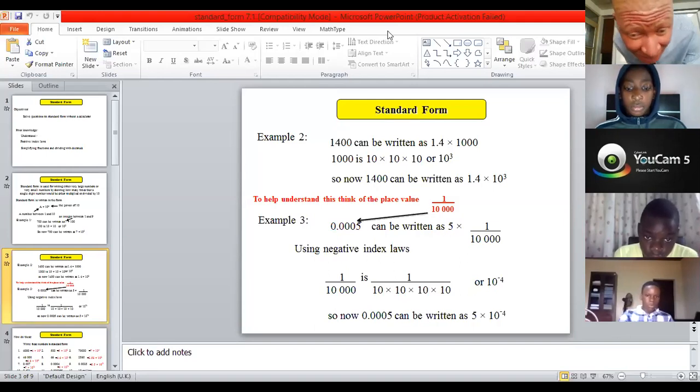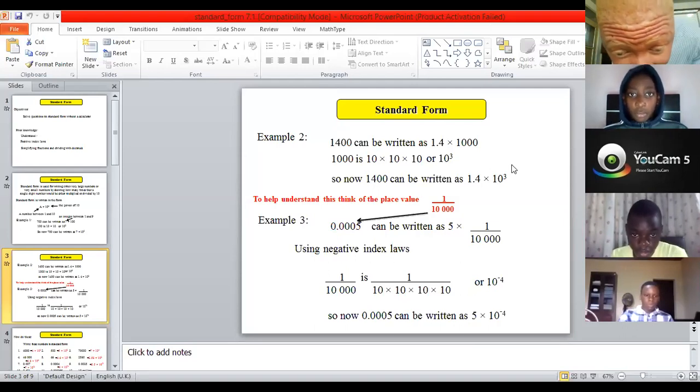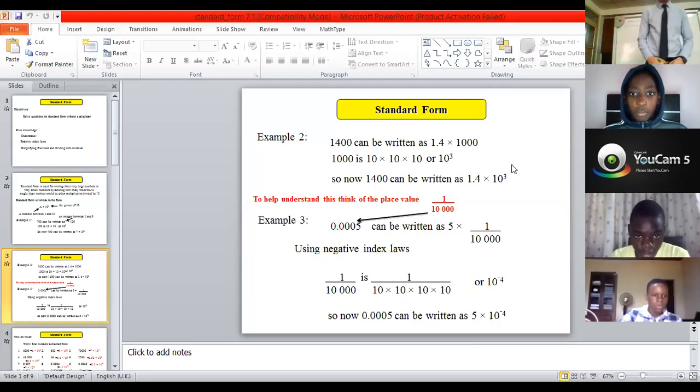Your final answer will now be 1.4 times 10 raised to power 3. When you have it in that format, what you have is standard form.